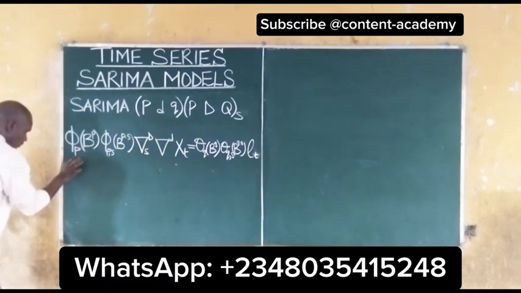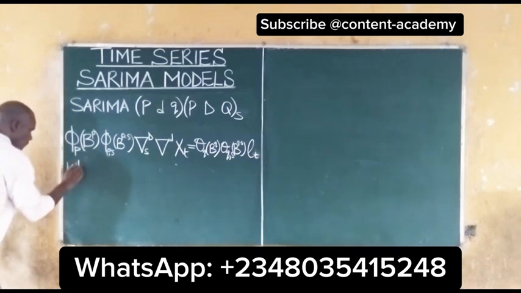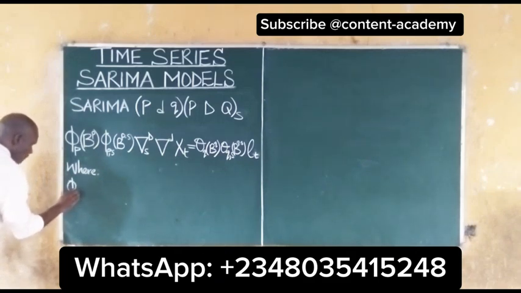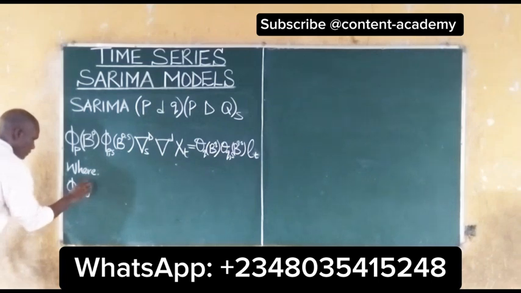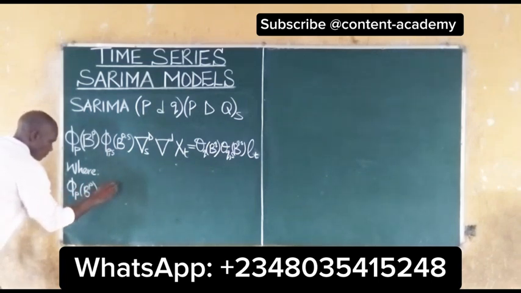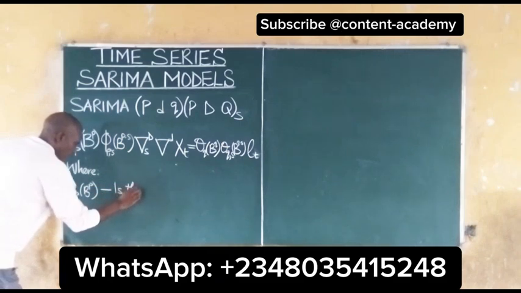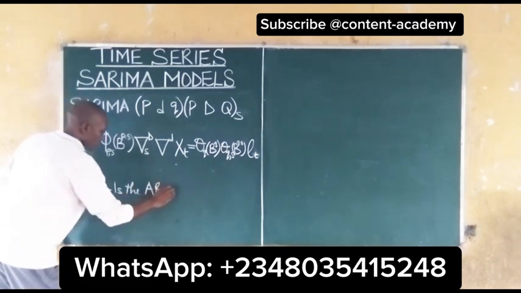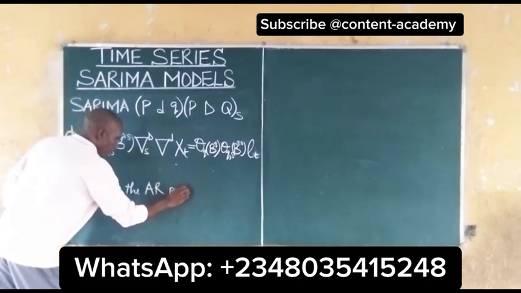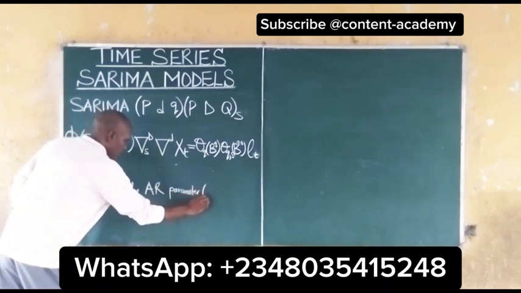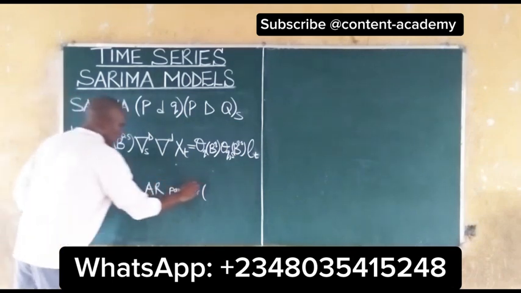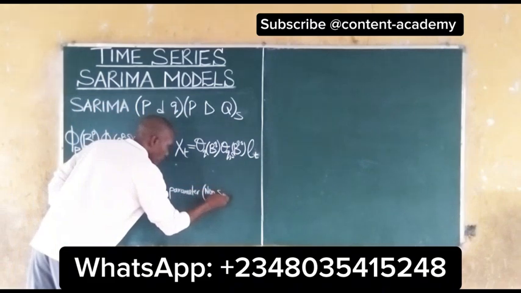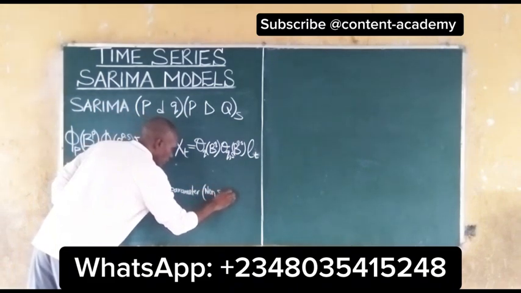Here, phi p of B to the power p is the autoregressive parameter. Of course, this one is the non-seasonal part.